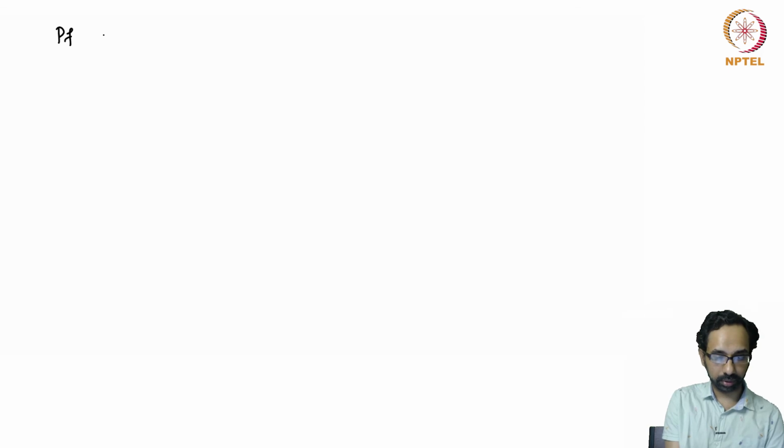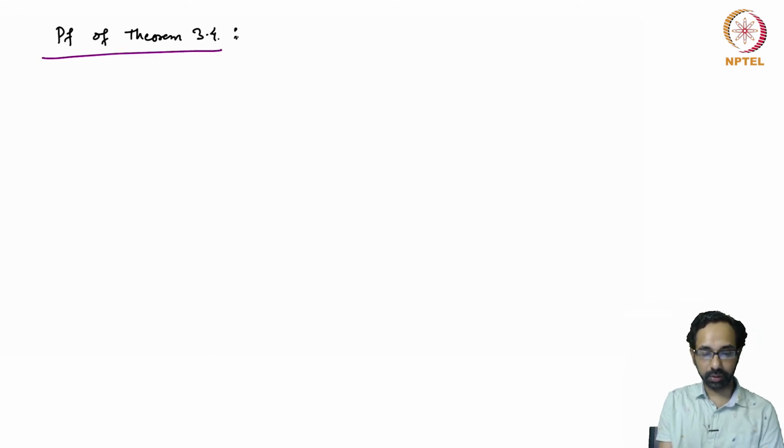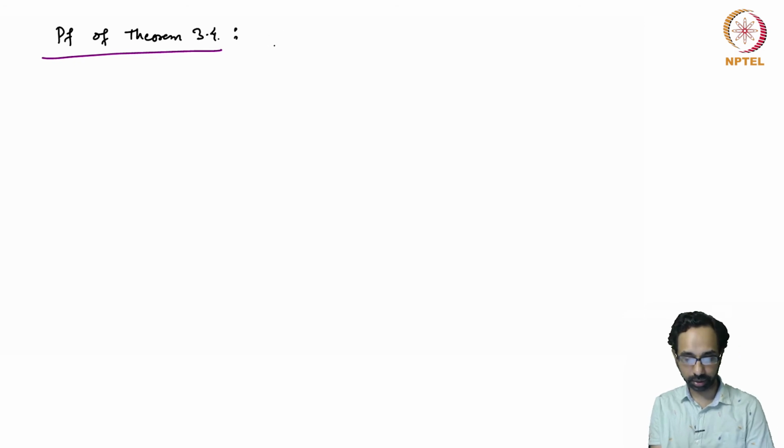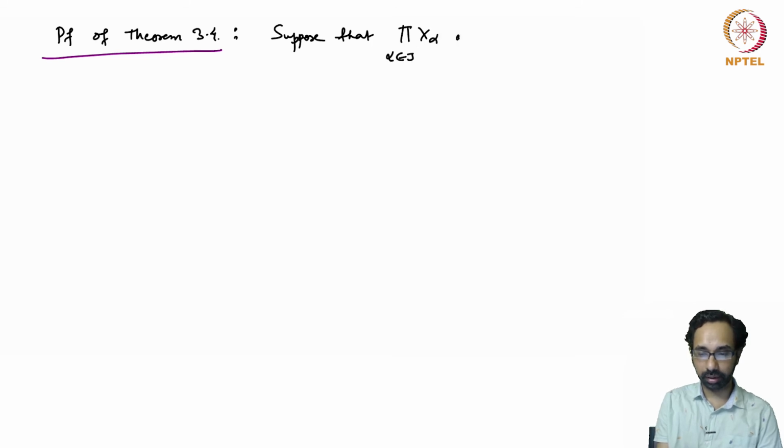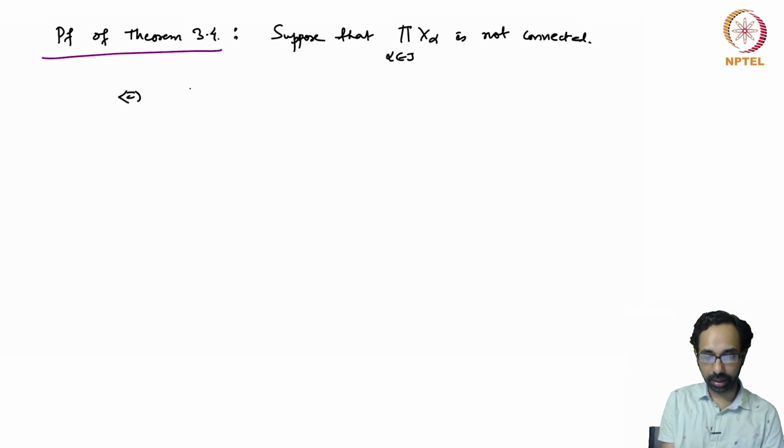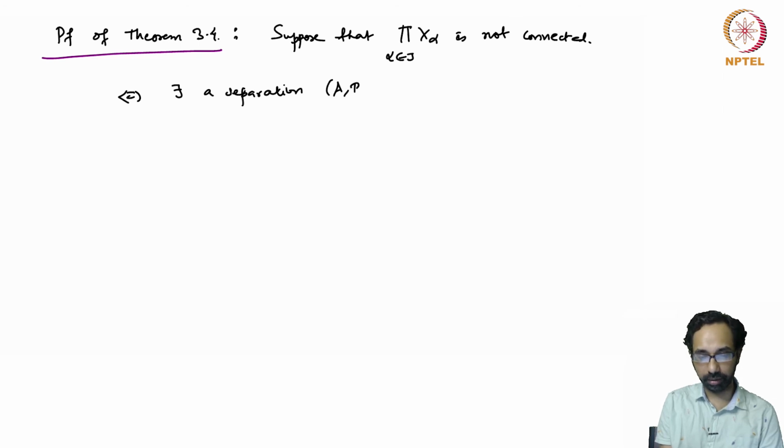Proof of theorem 3.4. Suppose, again we can use an argument by contradiction, suppose that the arbitrary Cartesian product is not connected. So this implies that there exists a separation A, B of this space.